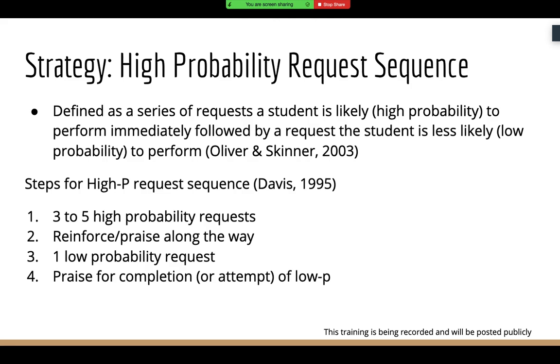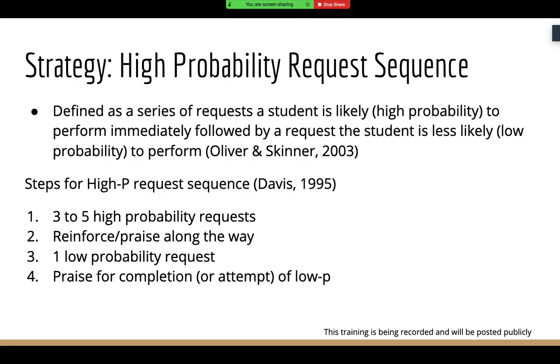It's a somewhat specific way of delivering a prompt that you know the child probably won't follow. This is defined as a series of requests that a student or a person is likely to perform immediately, followed by one request that they are less likely or low probability to perform.